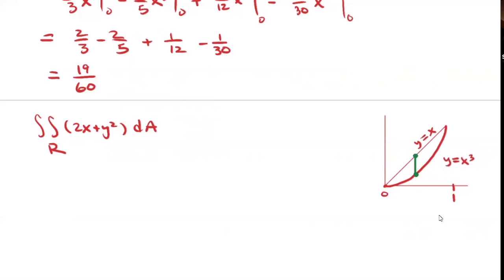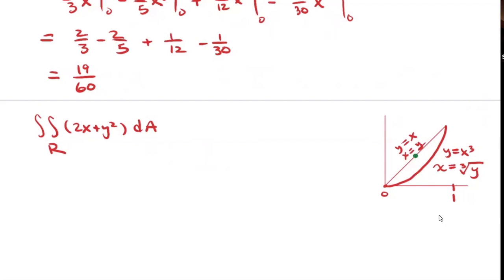Y equals x to the 3rd is going to be changed to x equals cube root of y. Y equals x is great. We'll leave that alone. Or if it helps, we could say x is y. Same statement. But now we're treating this as horizontally simple.